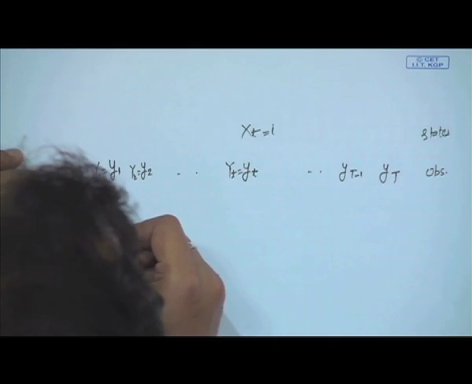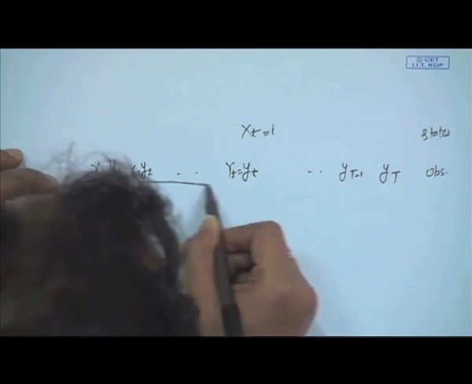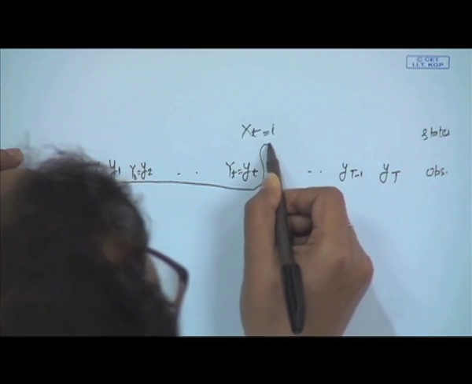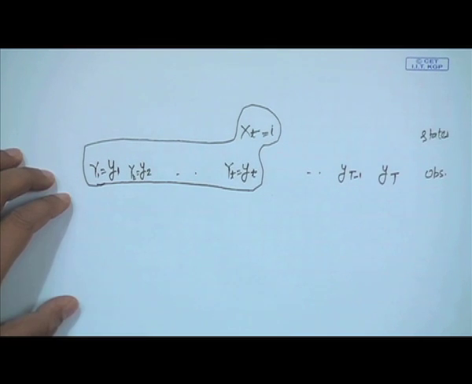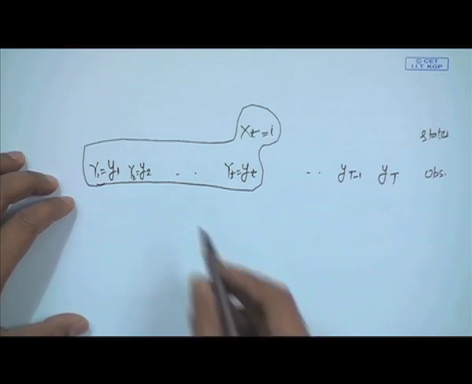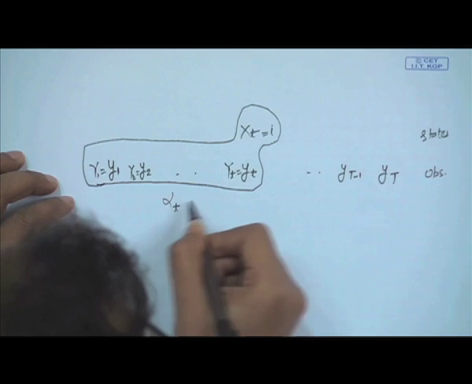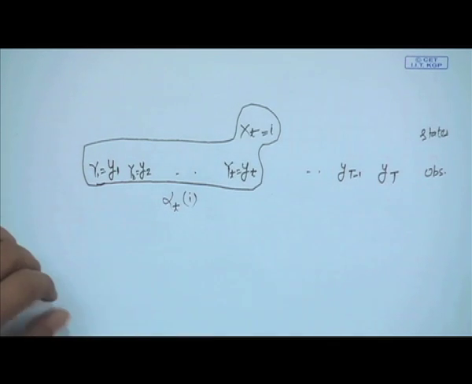Now, what do I do in this forward backward algorithm? I compute two different probabilities. One I call the forward probability. This is the probability of observing y1 to yt and xt is equal to i given my parameters theta. So, this is my alpha t for the ith state.